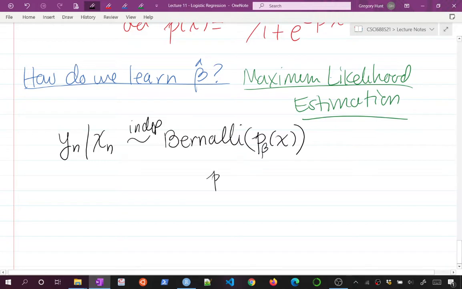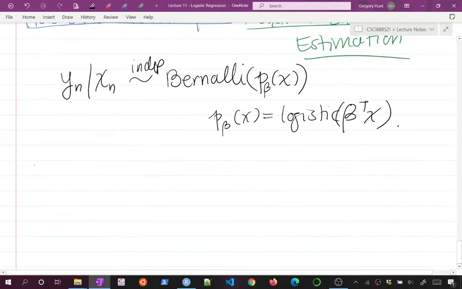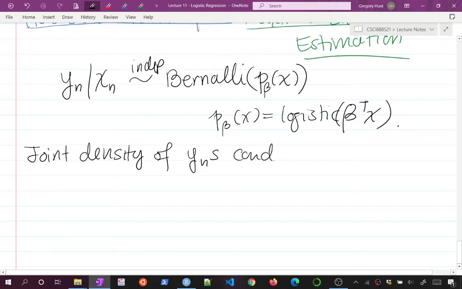So p beta of x is logistic of beta transpose x. And what we're going to do is get the joint density, or probability, of the y_n conditional on the x_n.